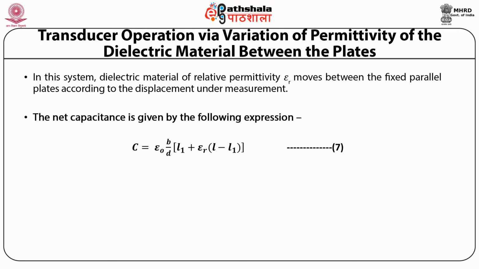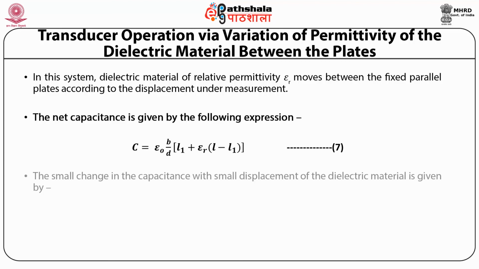This is equation 7. And the small change in the capacitance with the small displacement of the dielectric material is given by delta C. This is equal to epsilon naught, that is absolute permittivity, multiplied by B into X divided by D. This is multiplied with, in brackets, relative permittivity minus 1.